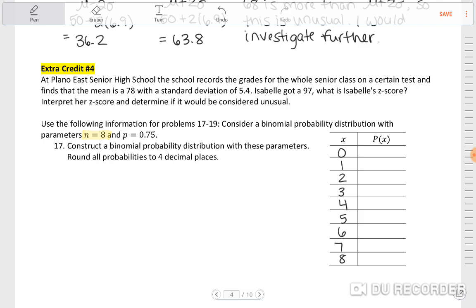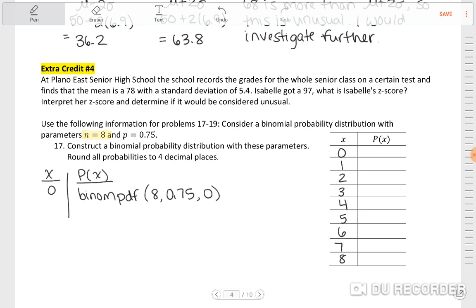But the way you would find your first P, for P of x when x is 0, you're going to do binom PDF, because we're doing exactly one value. My n is 8, my p is 0.75, and my x is this value here, 0.